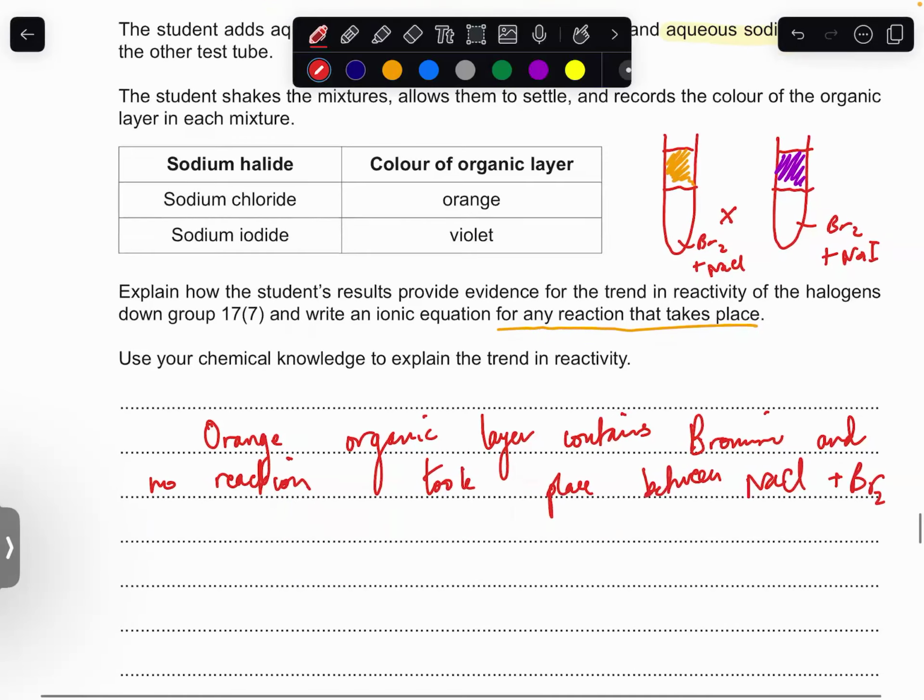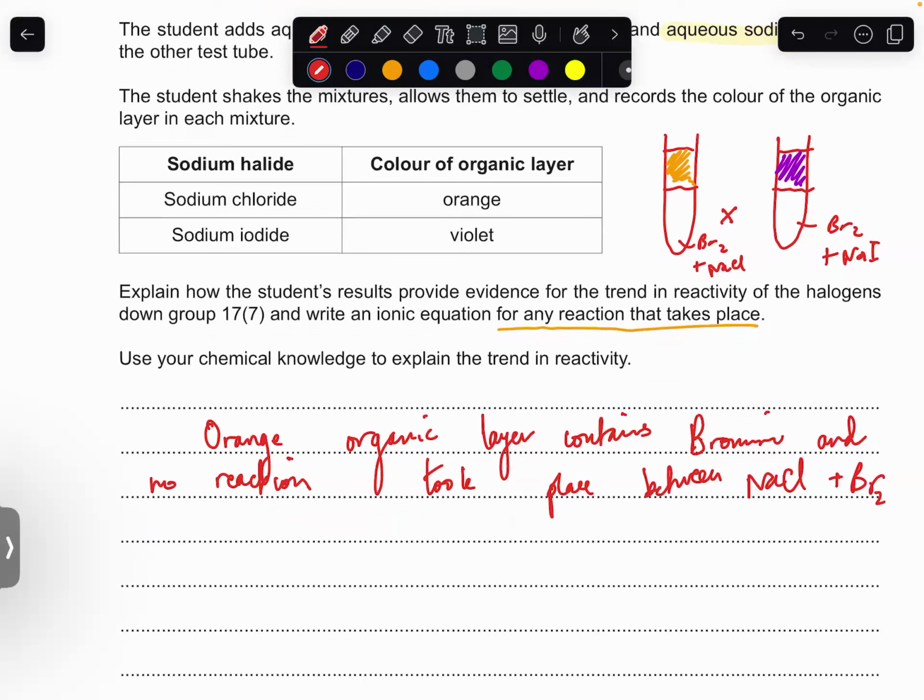For the other one, the violet color of the organic layer contains iodine.